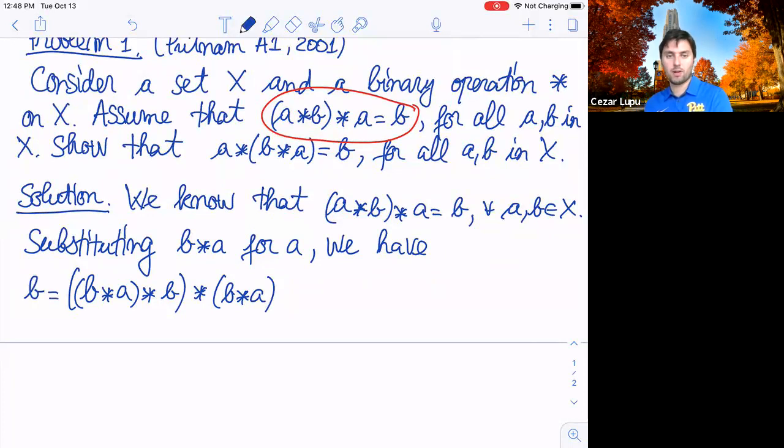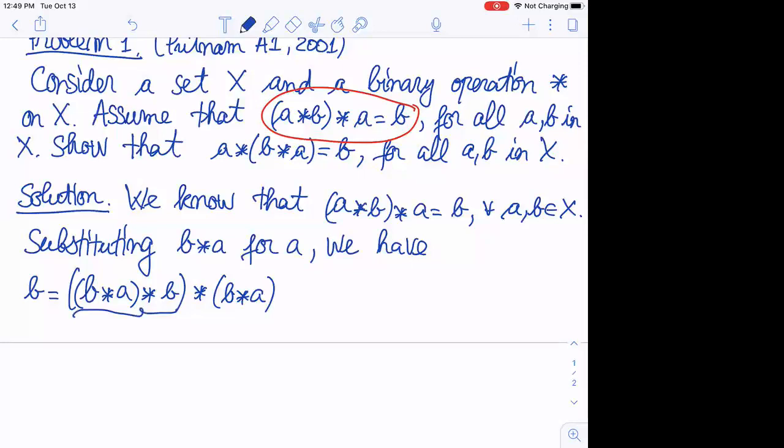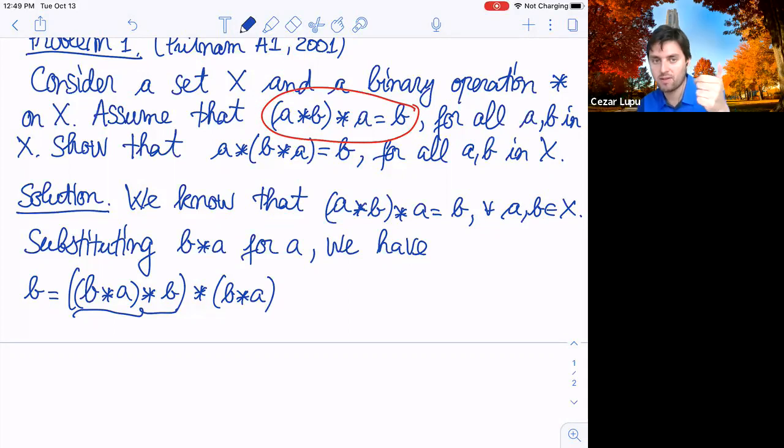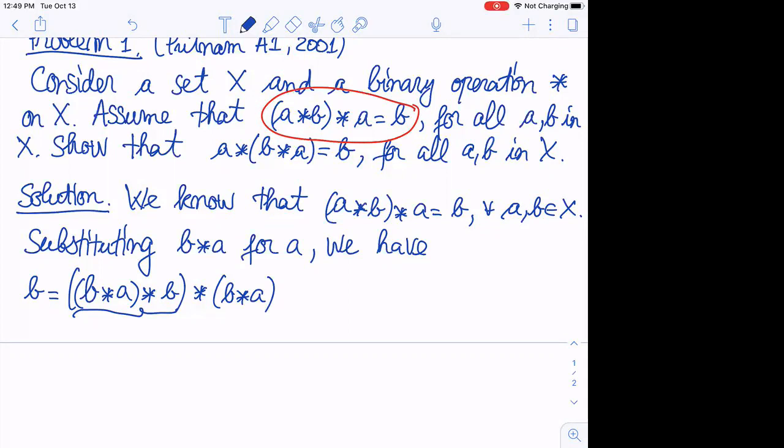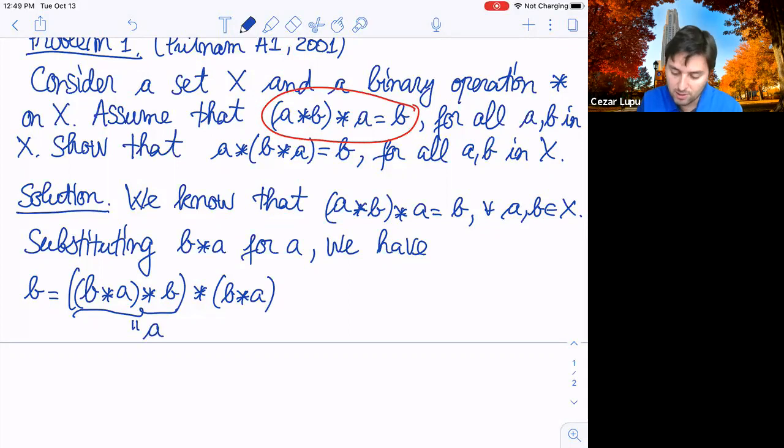But on the other hand, what do we know? This guy here inside is what? If we reverse this, this will be what? That would be also B. Be careful, because no, that'll be A. Yeah, that'll be A. Exactly. This is A, right? So this will be nothing else than just A star B star A.